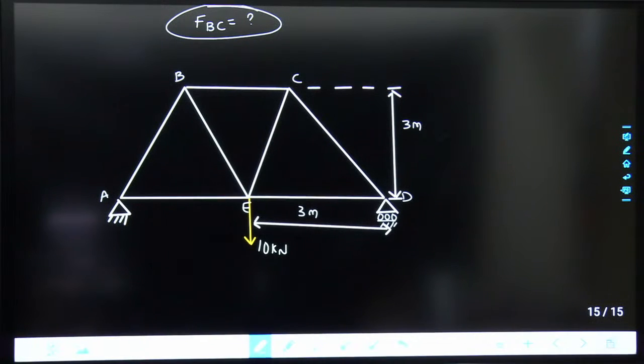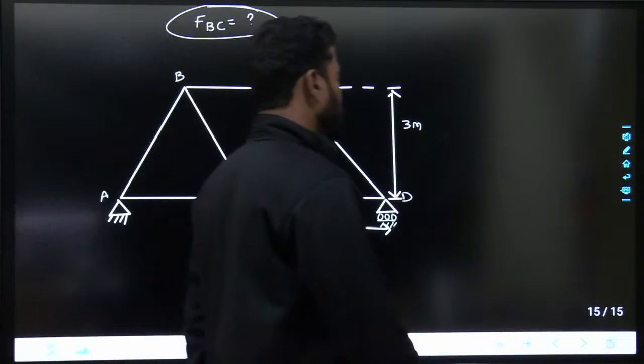What is the answer, guys? Find out the force in member BC by method of sections. First you try once and keep on commenting.